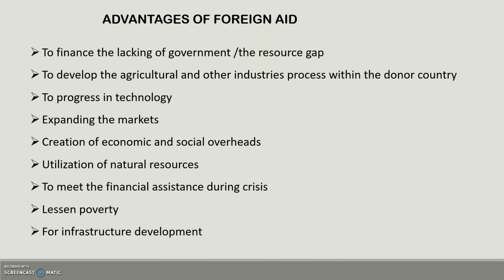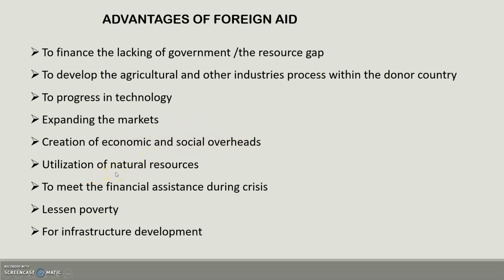Advantages of foreign aid. There are some advantages of foreign aid: to finance the lacking of government, the resource gap. If your government lacks something, the foreign aid will come in order to help them to develop agriculture and other industries within the country, to progress technology, as I told in the earlier slide, also for expanding markets in the international scheme, in the global way, and creation of economic and social overheads for the utilization of natural resources.